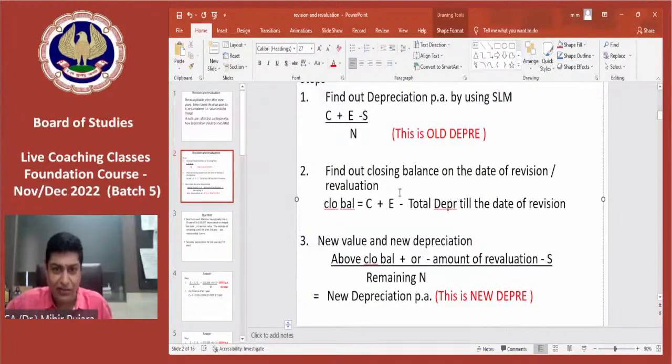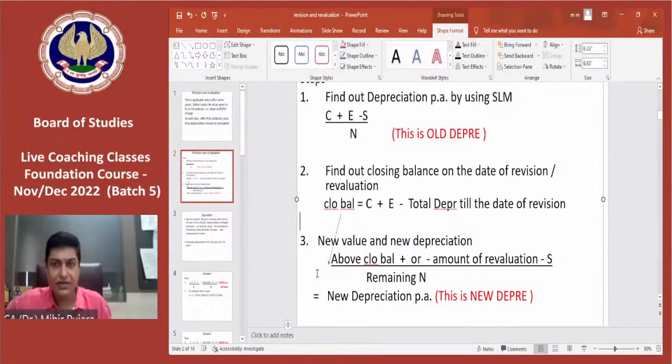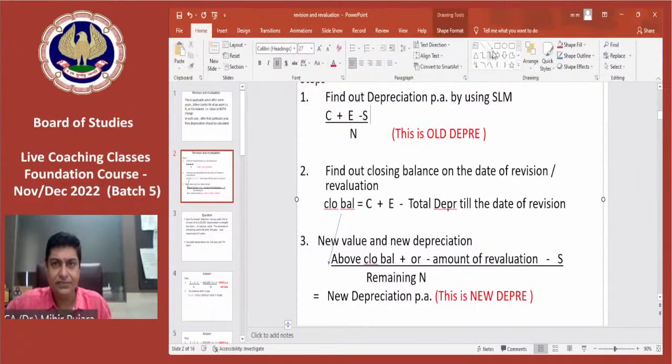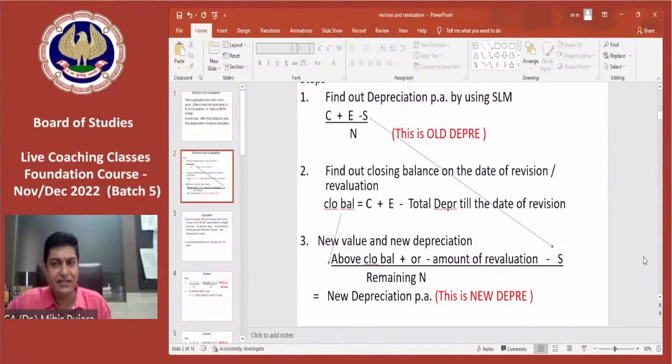So, above closing balance, plus or minus the amount of revaluation, which will be given in the question, minus scrap. It's the same story; here also we have minus scrap, the same scrap.